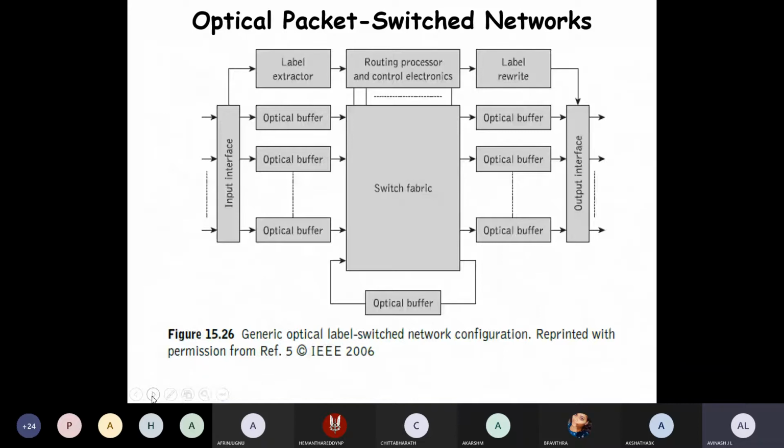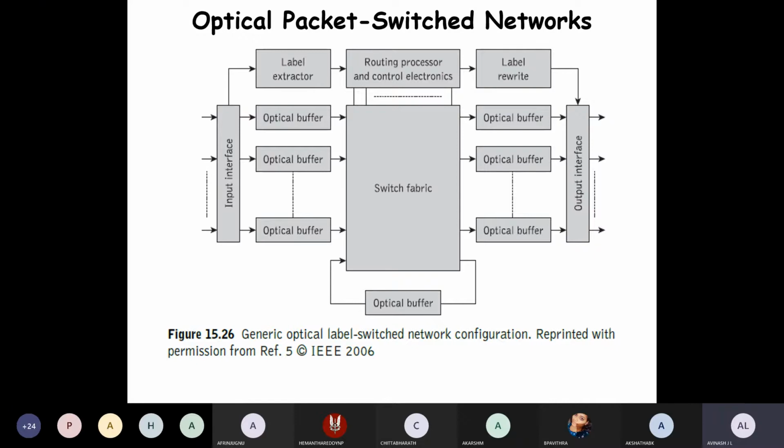In this diagram, you can see the general optical label switched network configuration, reprinted with the permission of the source. You can see the interfaces: the input interfaces and output interfaces.